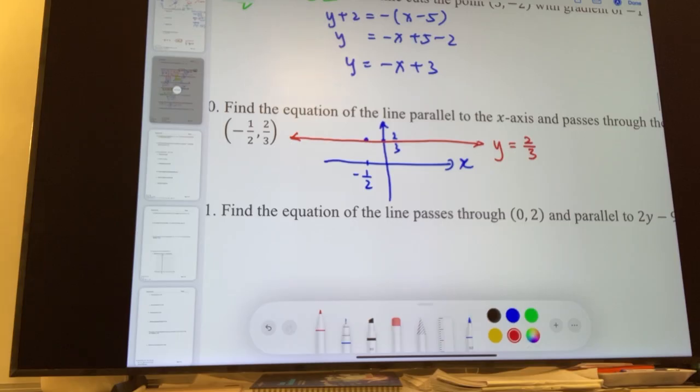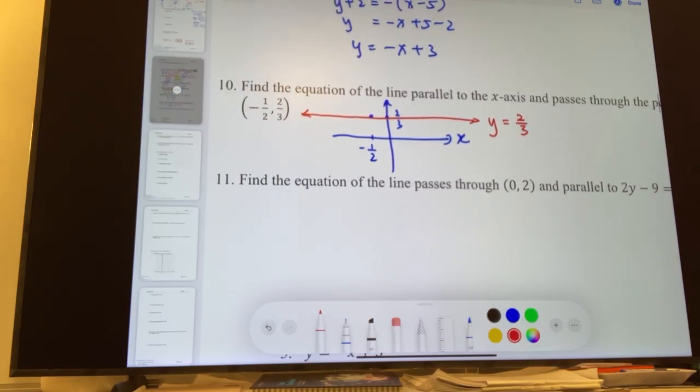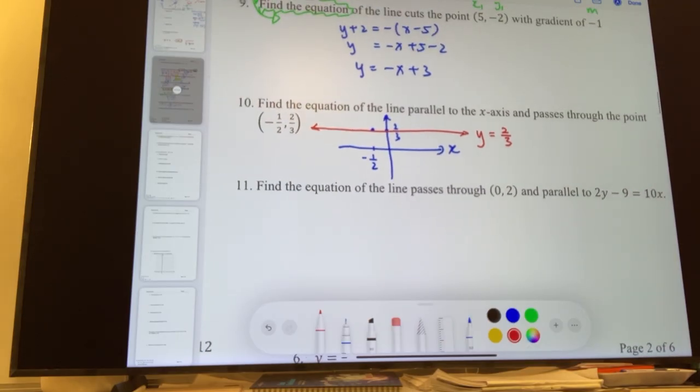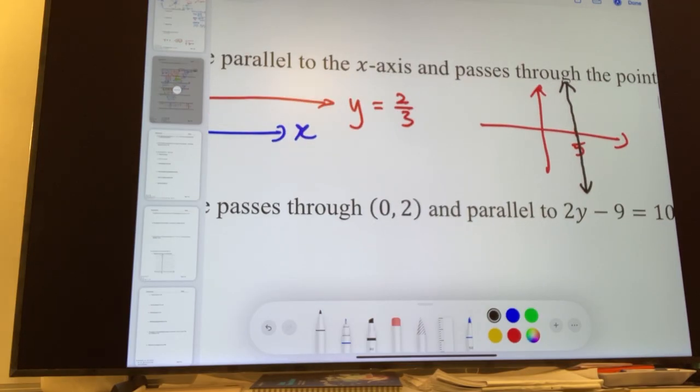Is that good? Yeah. Whenever you have a line parallel to the x-axis or parallel to the y-axis, you just need to draw out your diagram and you're able to find the equation. So if I give you a line, and this is 5 in here, what is the equation? Does it cut the x-axis or the y-axis? The x-axis, so the equation will be x equal to 5.